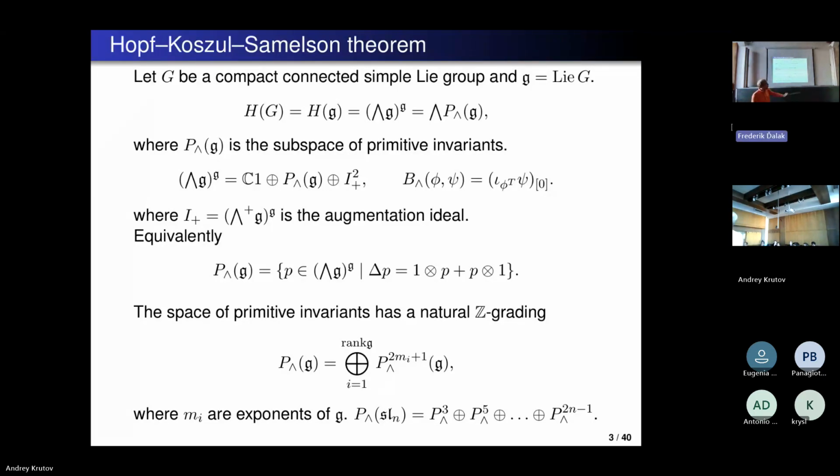And these numbers, called exponents, also appear as degrees of symmetric invariants. The invariants form a symmetric algebra, which is much easier to describe using some algebraic geometry techniques, or, for example, Harish-Chandra. For example, for SL_n, we will have something. So these graded components will be one-dimensional, and usually they are one-dimensional except for the D series. Then you will have in one degree a larger dimension.